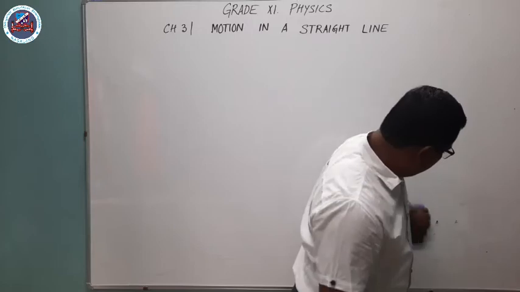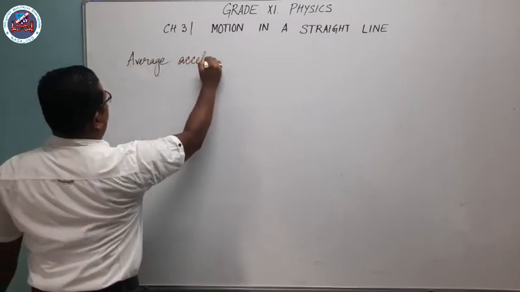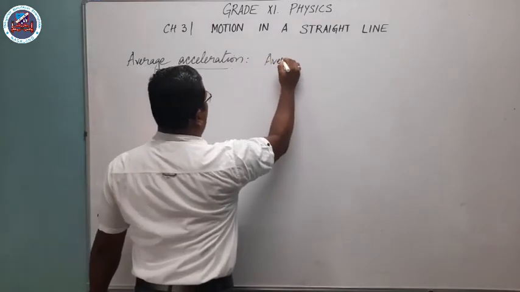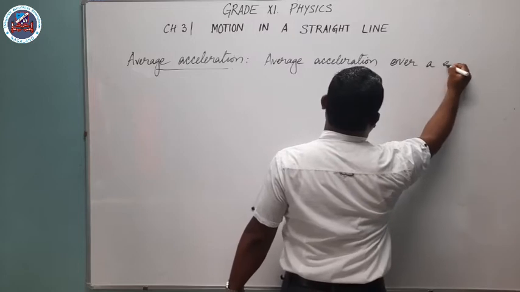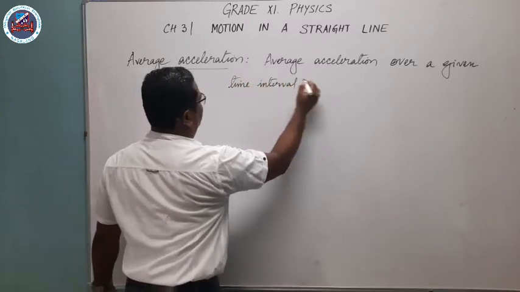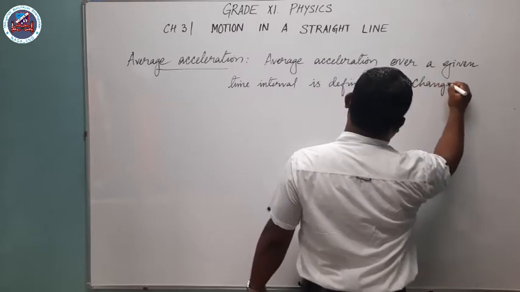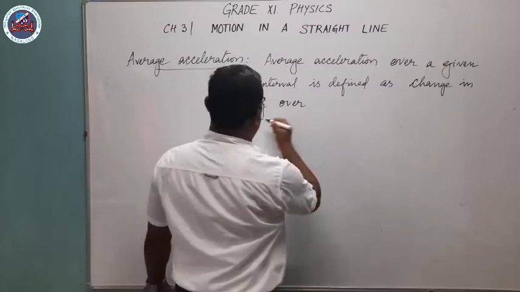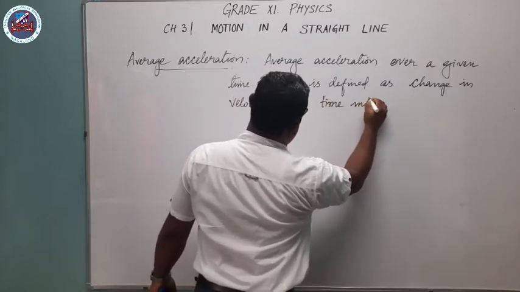Average acceleration over a given time interval is defined as the change in velocity per unit time interval.